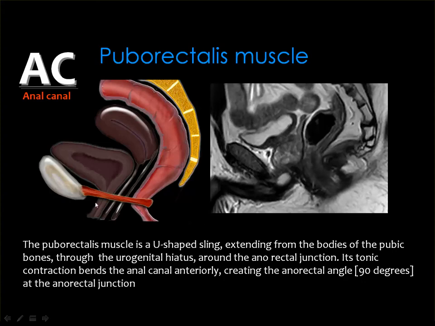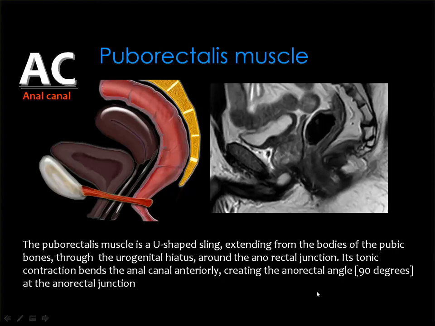And actually the puborectalis is a marker for the end of the rectum and the beginning of the anal canal. Then if you look carefully also, you can see these skeletal muscles which represent the external anal sphincter, and above the puborectalis, you see this muscle curving towards the sacrum, and this is the levator ani muscle.